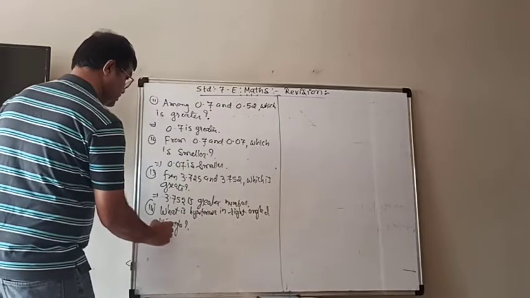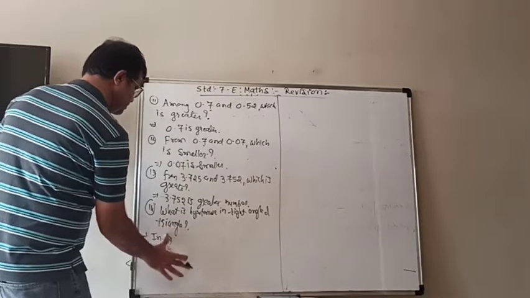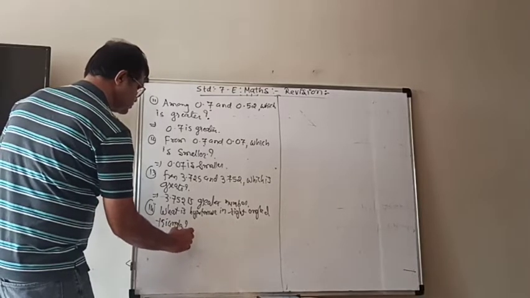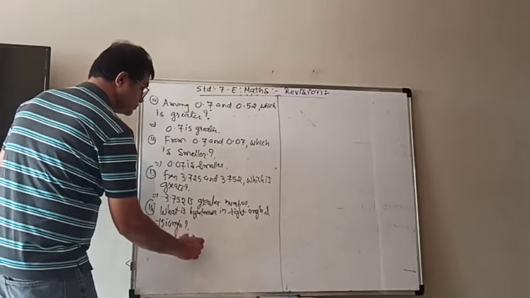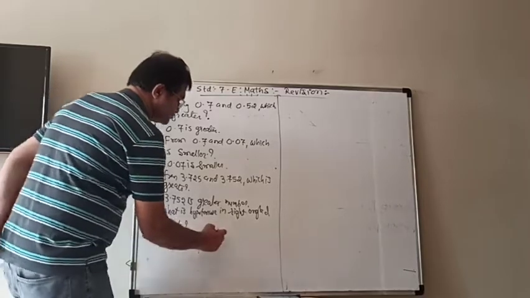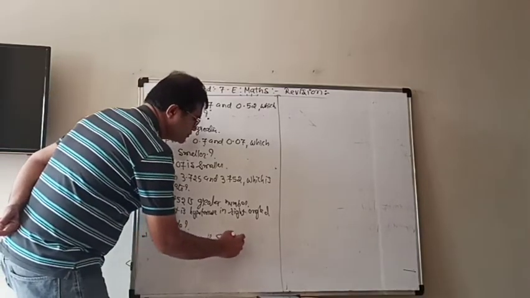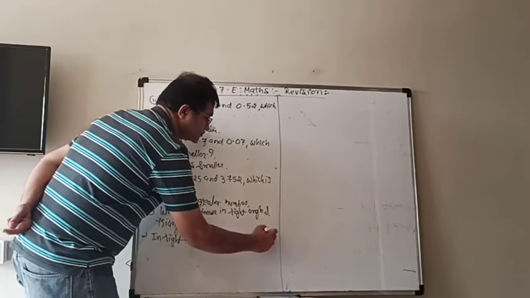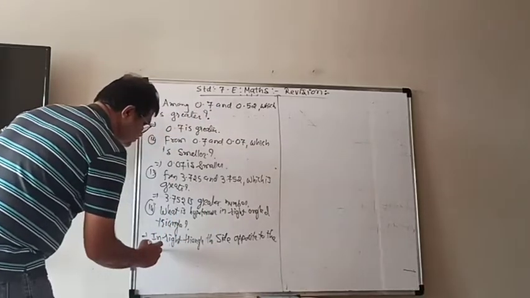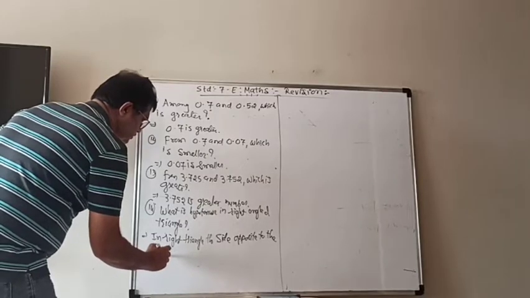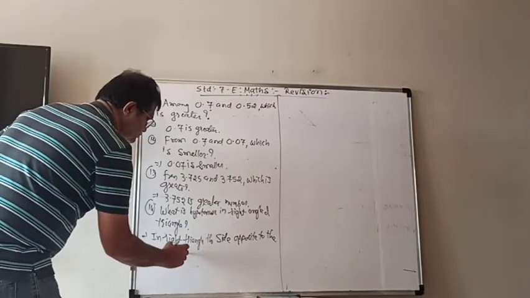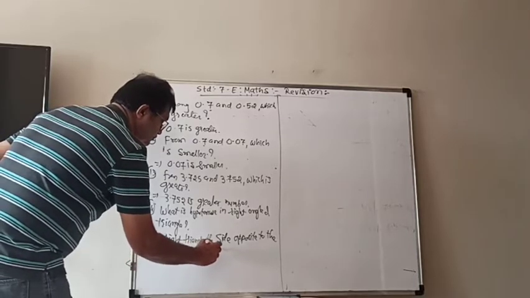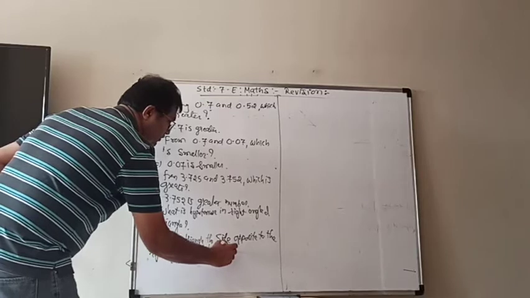So in a right triangle, the side opposite to the right angle is called the hypotenuse.